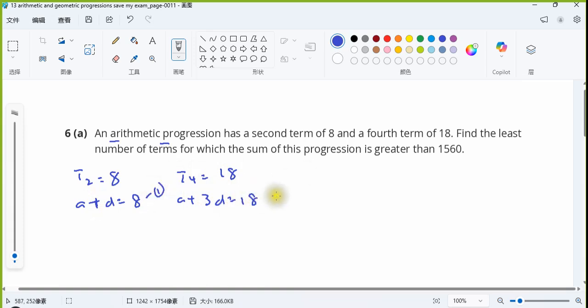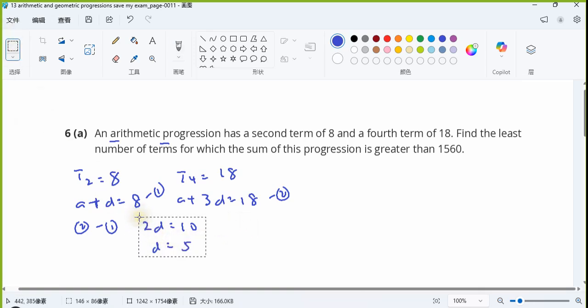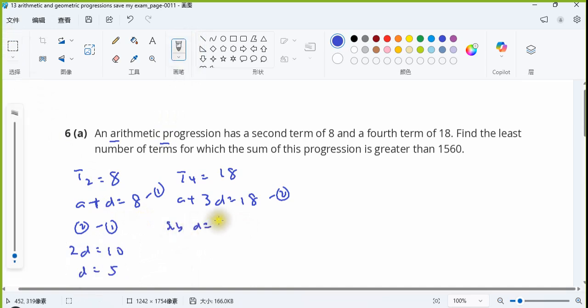So we have equation 1, equation 2. And then we use equation 2 minus equation 1. Then we have 2d equal to 10, then d equal to 5. And we sub d equal to 5 into equation 1. Then we have a plus 5 equal to 8, then a equal to 3.